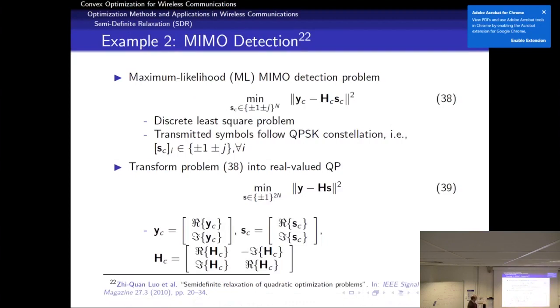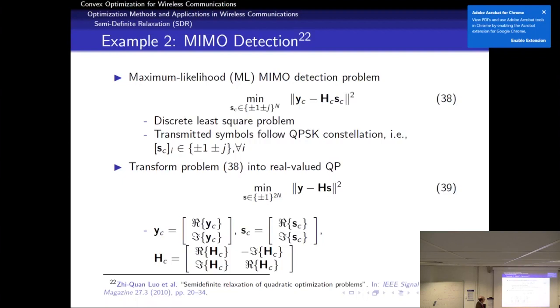Let's look at this example, my second example, where I do MIMO detection, and I will use this randomization. I do MIMO detection where I have to do ML detection, for instance, where I have a receive observation, a channel matrix H, and a transmit signal vector S_C.